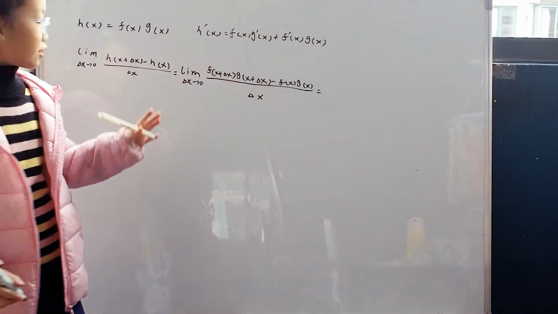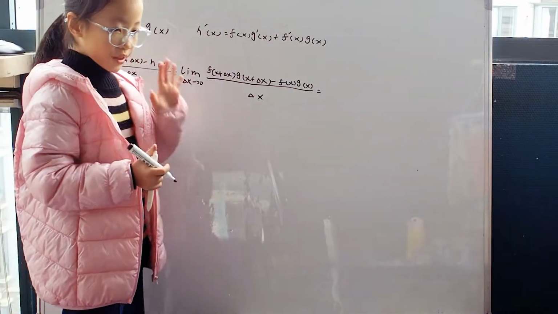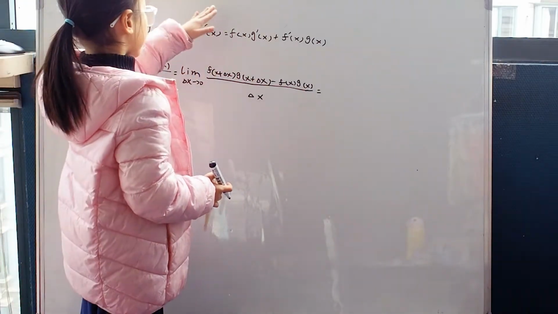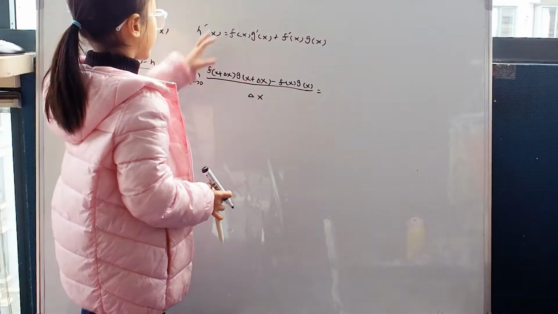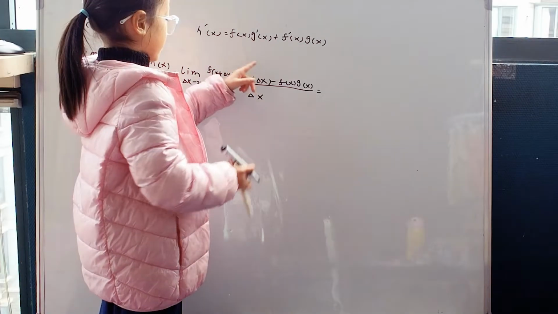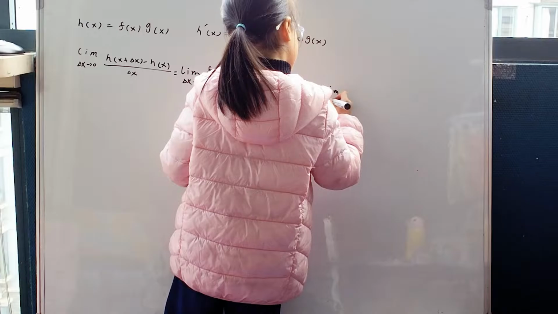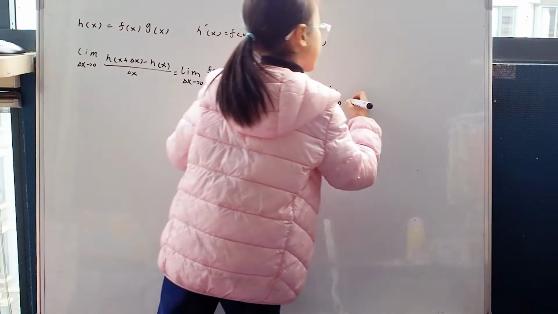Now let's see how we do the next step. Let's focus on this part. What do we need to turn it into? In the first step, we write limit delta x approaching 0.